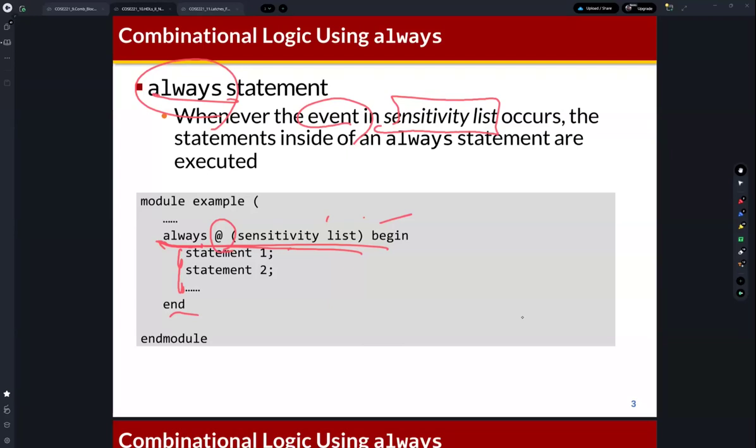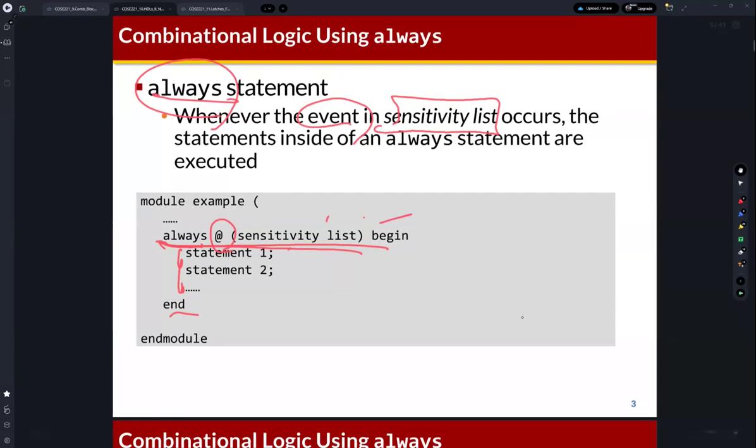Okay, so in the previous class, we learned about the always statement in SystemVerilog, right? I mentioned that we frequently use the always statement, and you need to memorize the definition of this always statement.